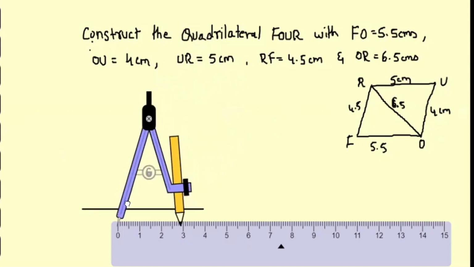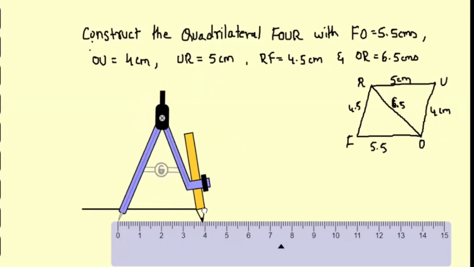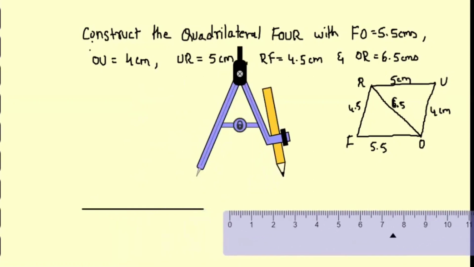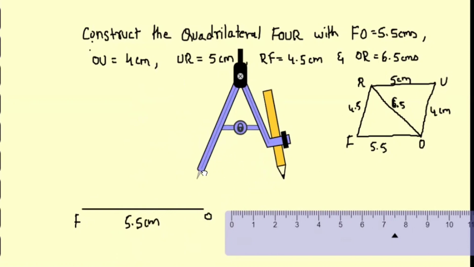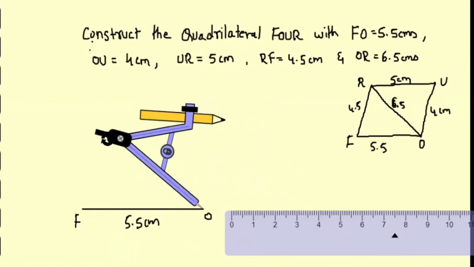So let us measure 4 centimeter. Here is the 4. Let us lock it. We did not name our base, so let us name it F and O, which is 5.5 centimeter. Let us place the compass on the point O and draw an arc of 4 centimeter.